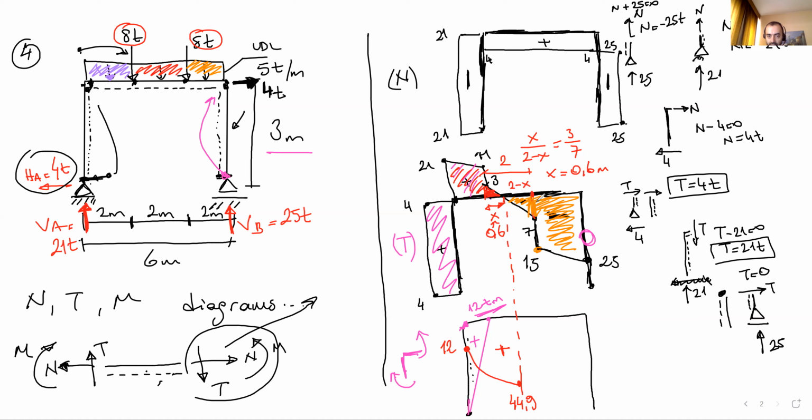Take into account this trapeze area and then this small triangle, because we know this portion is 1.4 meter. Okay. So calculate the area. Total area is here.